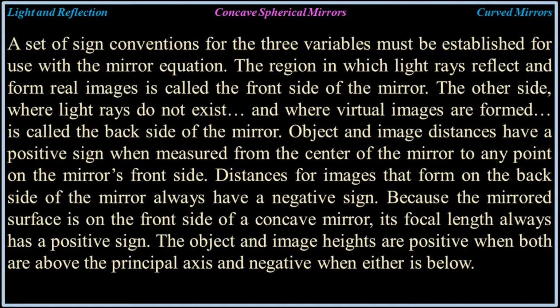Distances for images that form on the back side of the mirror always have a negative sign. Because the mirrored surface is on the front side of the concave mirror, its focal length always has a positive sign. The object and image heights are positive when both are above the principal axis and negative when either is below.